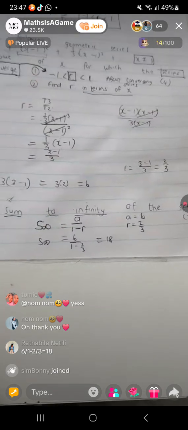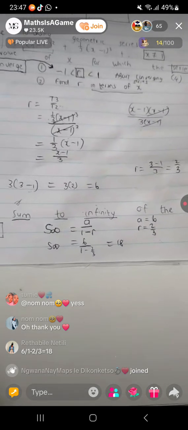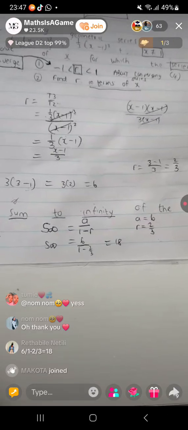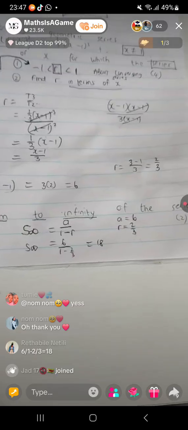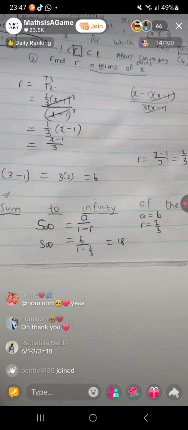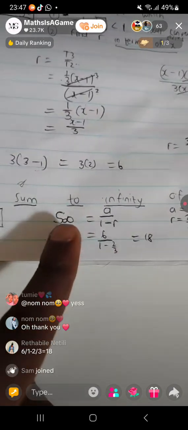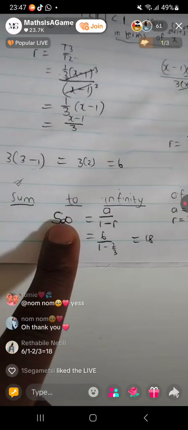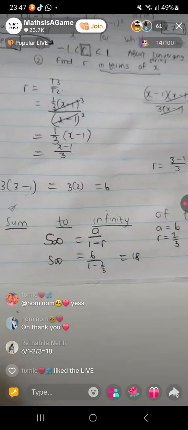Sum to infinity is simply that, guys. Sum to infinity can only be calculated when r is between negative 1 and 1, which means, in other words, that a series needs to be converging in order for us to be in the position to calculate the sum to infinity. Listen to what I'm saying there.